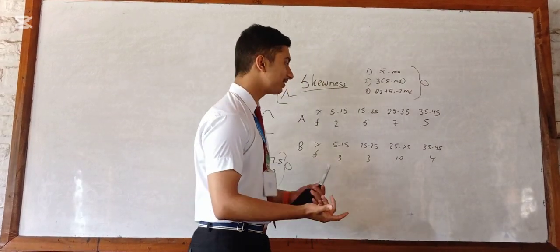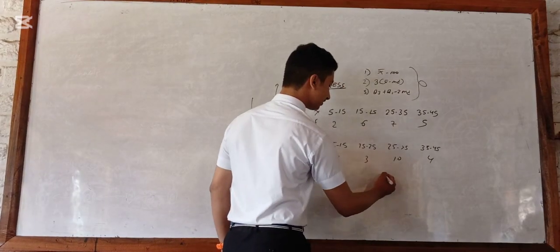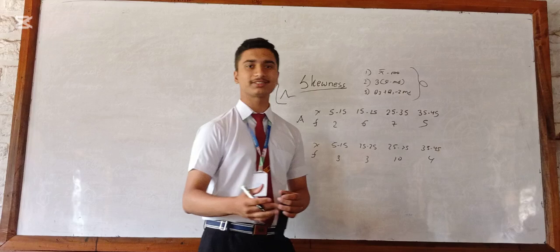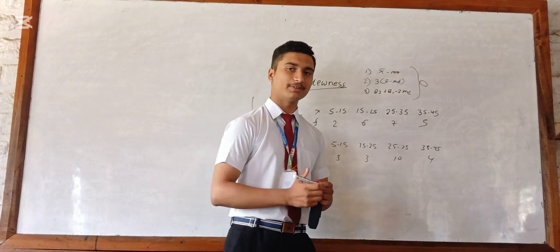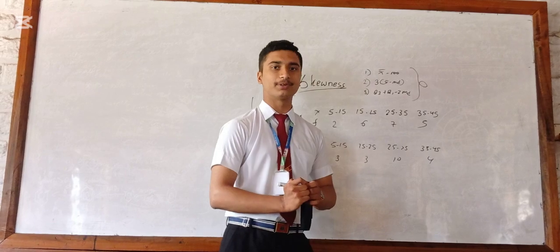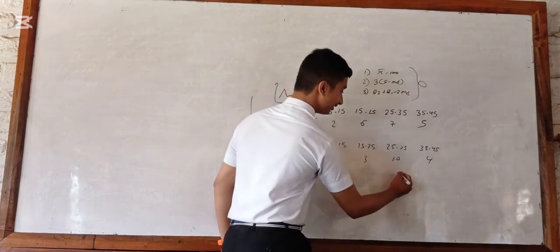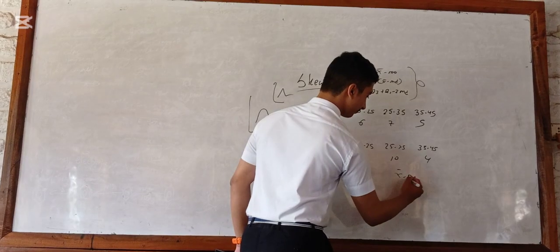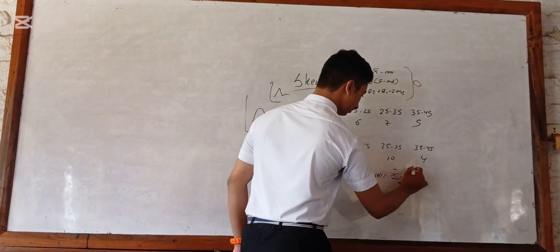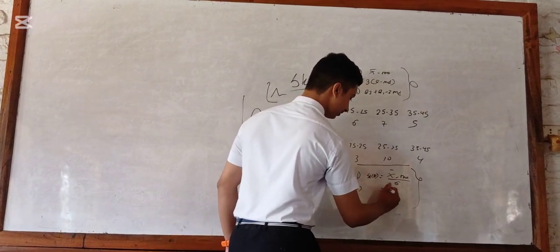And next one is coefficient of skewness. For coefficient of skewness, I'll just write the formula. There are two methods from which we can calculate the coefficient. One is Karl Pearson's coefficient of skewness formula, and another one is Bowley's. For Karl Pearson's, it's the same like this, divided by the standard deviation.